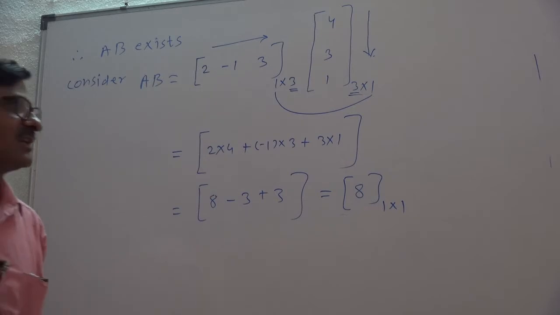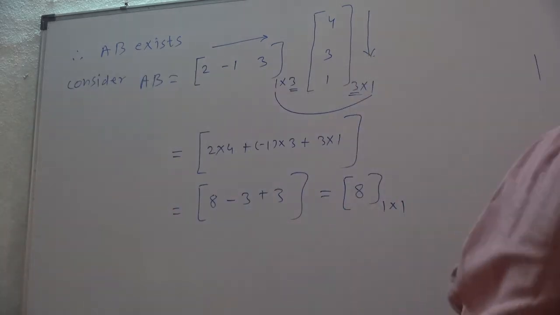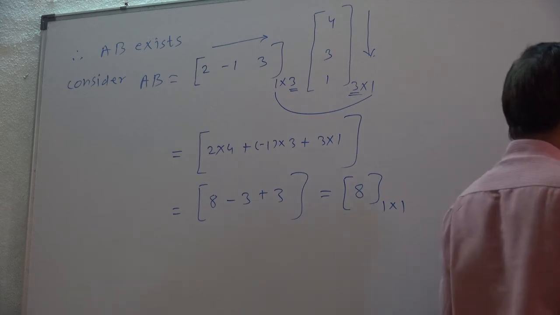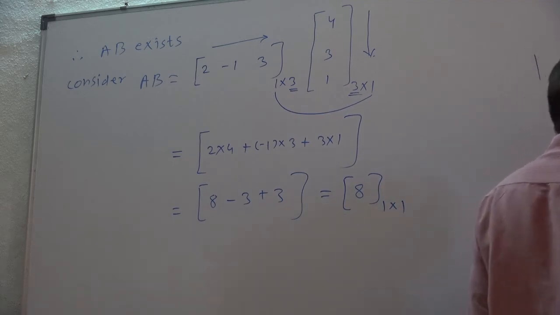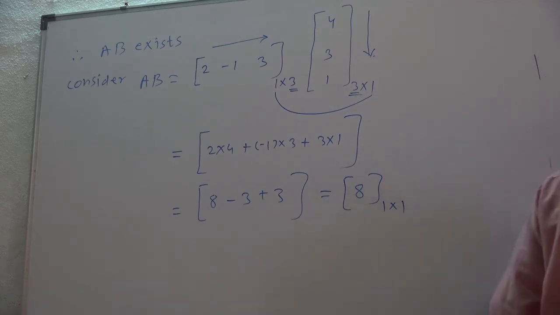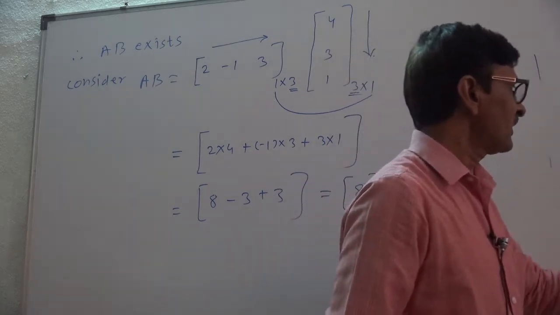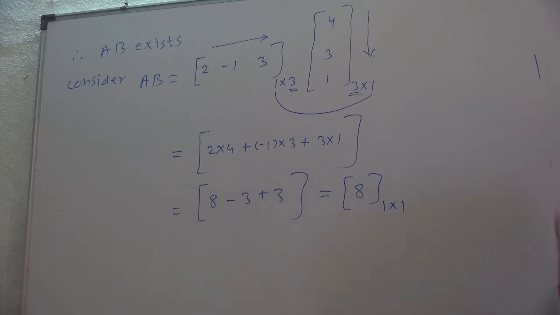Now let us come to the third example here. Denoting first matrix by A and the second matrix by B. Now what is the order of A? Order of A is 3 by 3. What is the order of B? It is also 3 by 3.